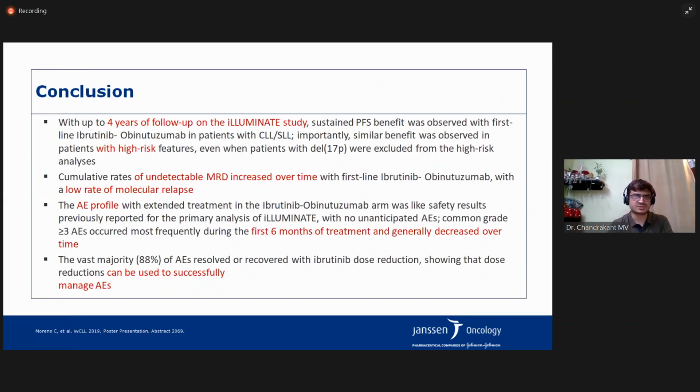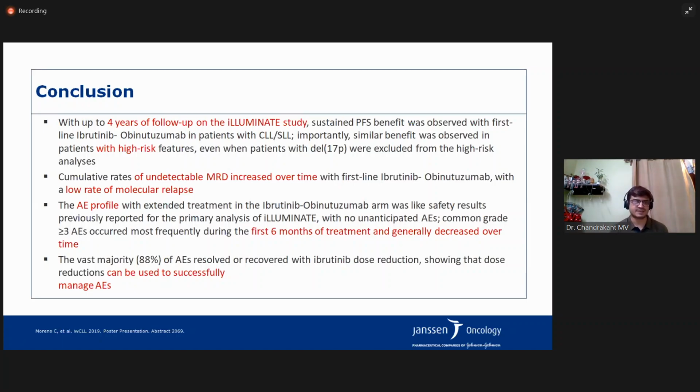So what was the conclusion of the iLLUMINATE study with the 4-year follow-up? Sustained PFS benefit was observed with first-line ibrutinib Gazyva in patients with CLL, SLL. Importantly, similar benefit was observed in patients with high-risk features, even when the patients with deletion 17p were excluded from high-risk analysis. So cumulative rates of undetectable MRD increased over time when you put ibrutinib in combination with Gazyva, with a low rate of molecular relapse.